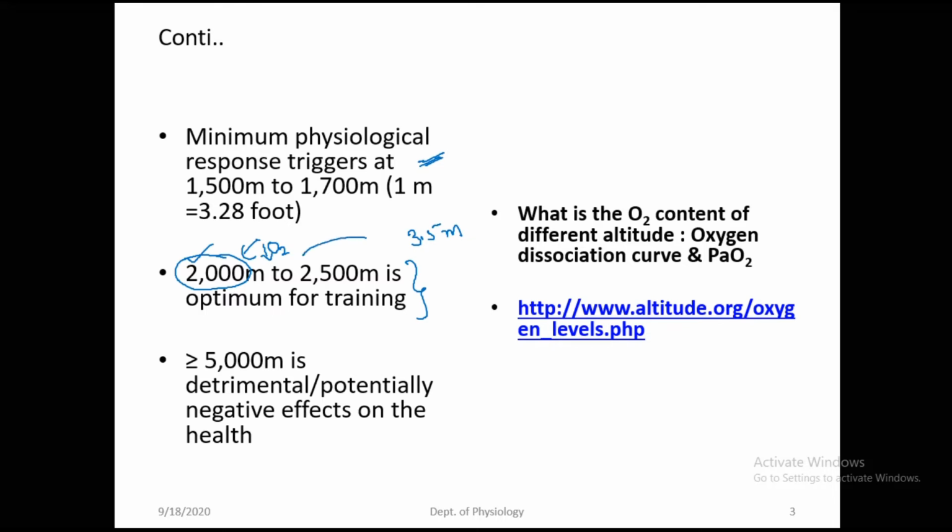Further, depending on the adaptations, we may expose the players up to 3500 meters as training goes on. Here, 5000 meters and above is extremely dangerous, and a potentially negative effect is seen on health. Therefore, the optimal or best zone for high altitude training is 2000 to 3500 meters.